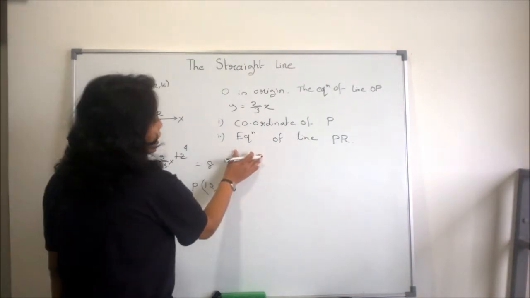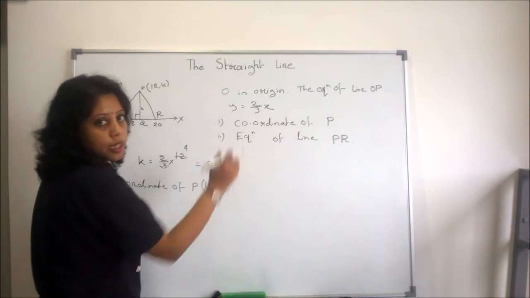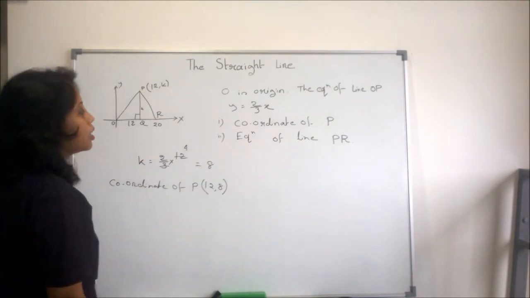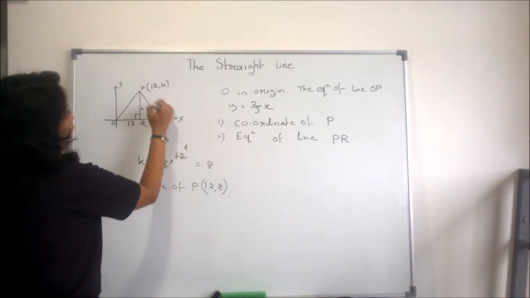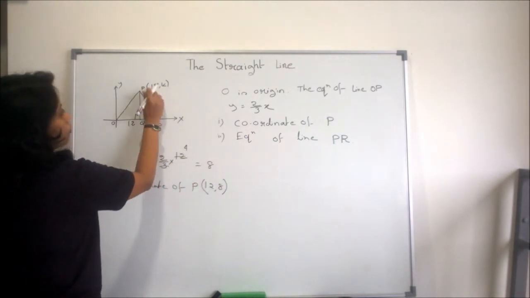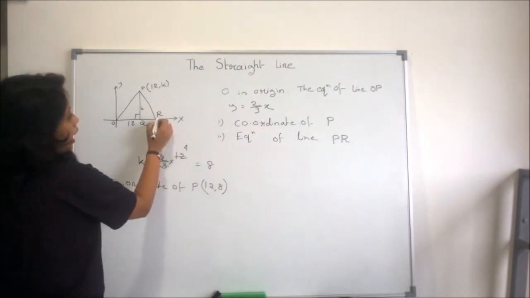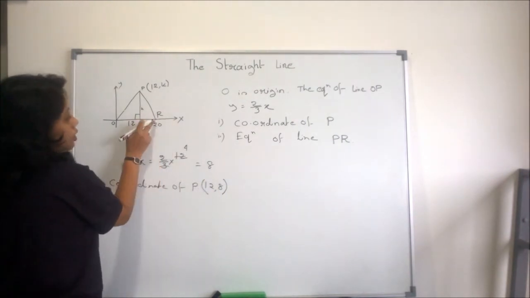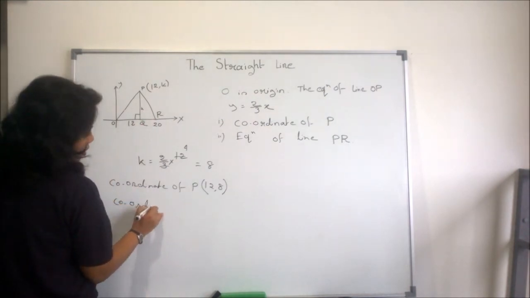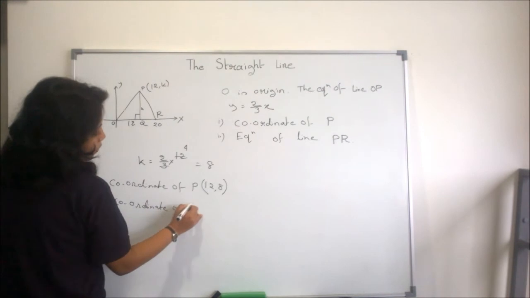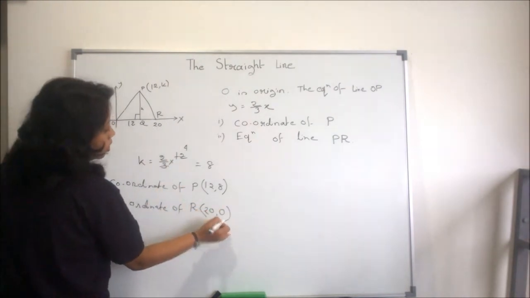Now the second part is we have to find out the equation of the line PR. So now for the line PR, we know the coordinate of P. The coordinate of P is (12, 8) and the coordinate of R is (20, 0).